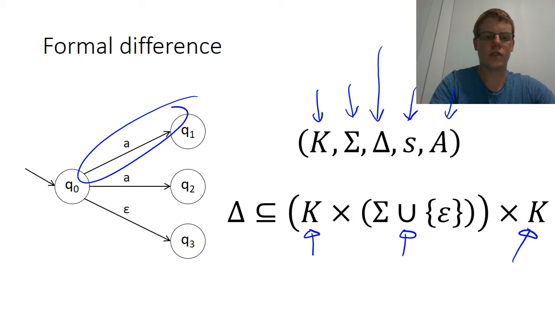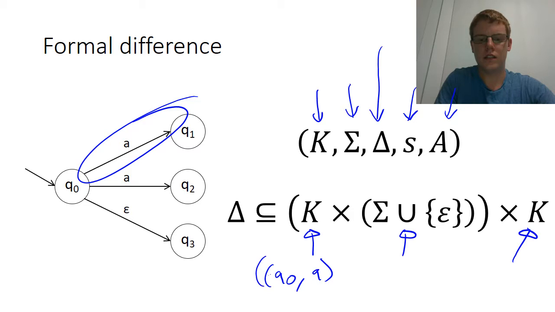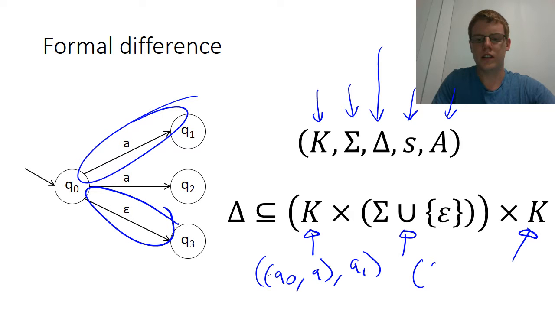So for this first transition, the element of delta would read Q0 upon A, and we transition into Q1. And for this one, it would read very similarly, Q0 and on epsilon, transition into Q3.